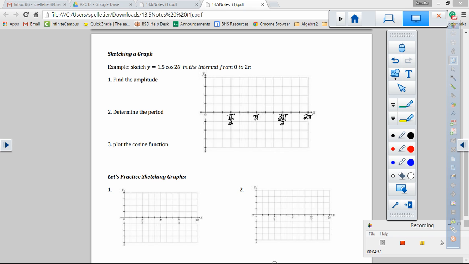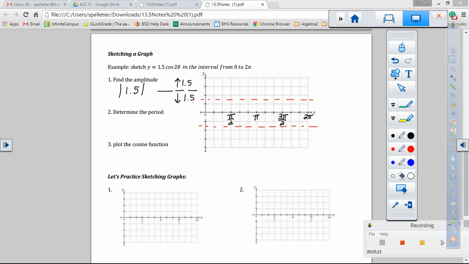So go ahead and mark those a little darker on your paper. Okay. So our amplitude is 1.5, or the absolute value of 1.5. So that means from my halfway mark, it's going to go up 1.5, and it's going to go down 1.5. Okay? So let's mark that on our graph. 1.5, and down 1.5. Okay, so there are our marks.